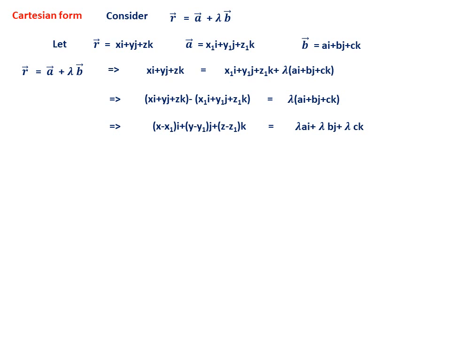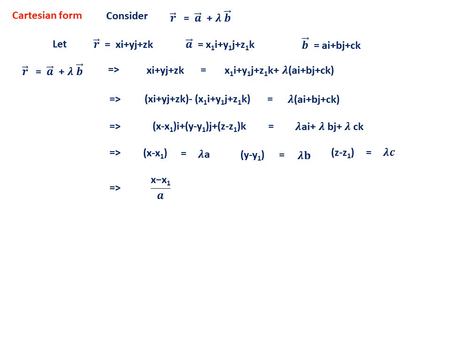Now there are two vectors. At this stage you have to understand x minus x1 i on the left side and lambda a i on the right side. So the corresponding components must be the same. So this implies x minus x1 must be equal to lambda a, y minus y1 must be equal to lambda b, and z minus z1 equal to lambda c. This property also we have studied in vector.